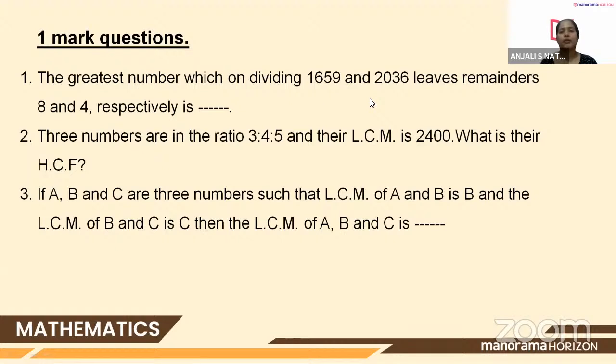So the first question is, we have to find the greatest number which on dividing 1659 and 2036 leaves remainders 8 and 4 respectively. Look at the question: it contains the word greatest.